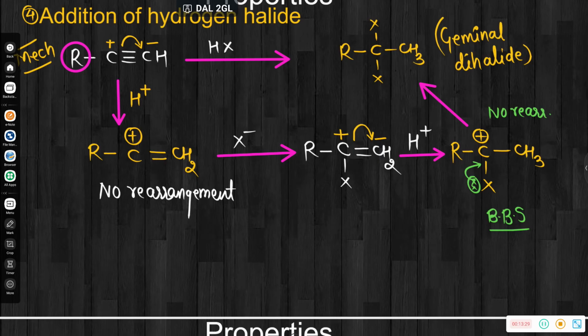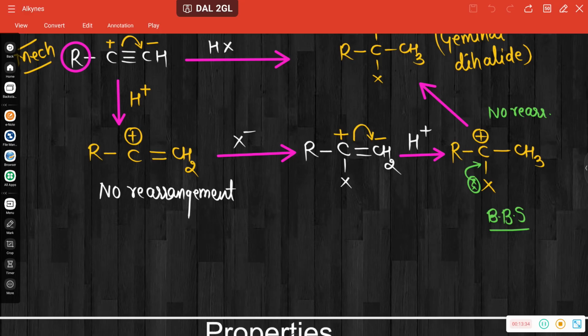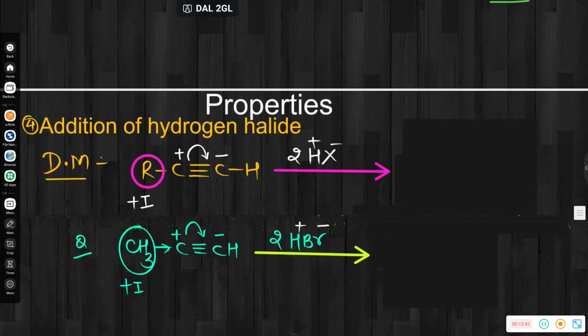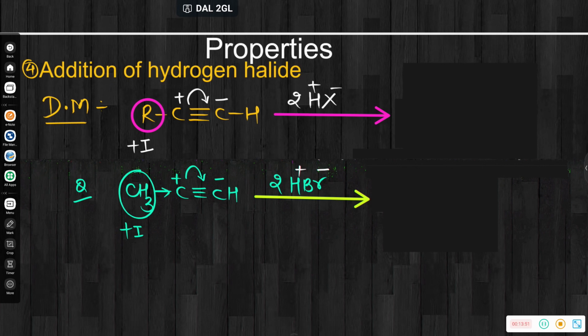Where there is a smaller number of hydrogens, the negative part is attached. Again, where there is a smaller number of hydrogens, the negative part is attached. Markovnikov follows like this. In the same manner here also we get CH3-CBr2-CH3. Same manner, direct method.